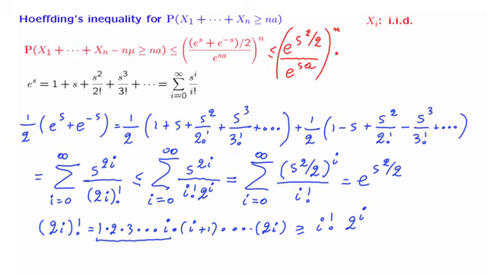Or another way to write this is e to the (s squared over 2 minus sa), and all that to the nth power. And now if I choose s equal to a, what I obtain here is going to be e to the (a squared over 2 minus a squared). That leaves me with e to the minus a squared over 2.